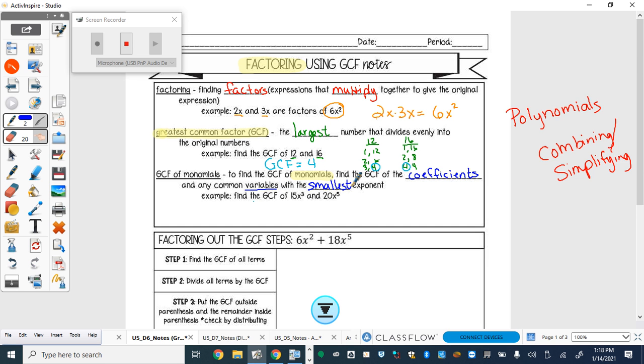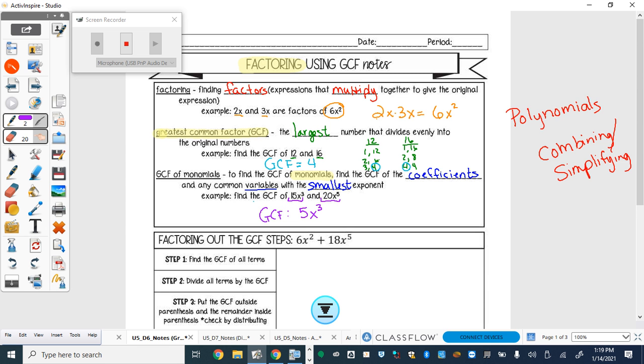So you want the largest number, but the smallest exponent is what we're using. If we look at this example here, 15x cubed and 20x to the fifth: the factors of 15 and 20, the largest one is going to be 5 that goes into both of those. And then again, your smallest exponent. So our GCF of those two terms would be 5x to the third.